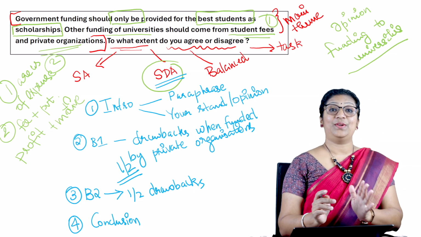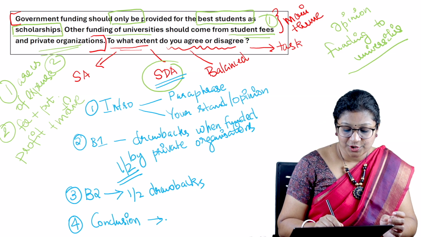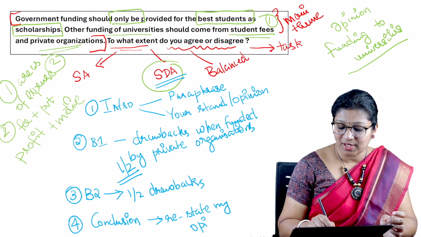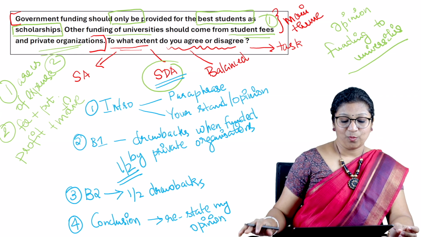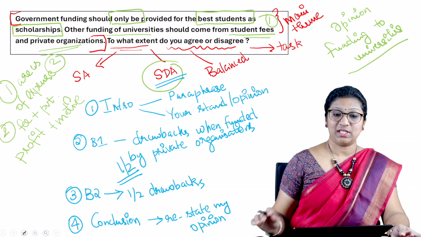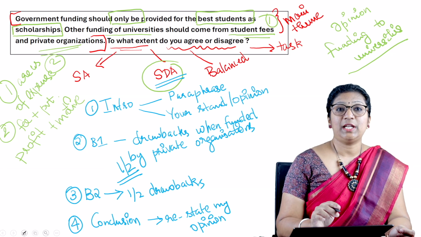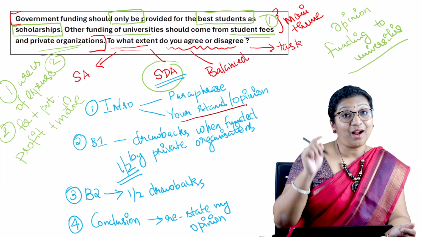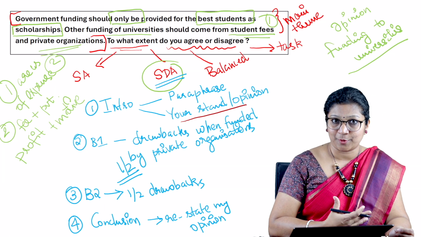Now when I conclude the essay, I will also ensure to restate my opinion. Now why should I restate my opinion? Well, again, based on our assessment criteria, it clearly mentions that your opinion should be clear throughout the response. So in the introduction, start of the essay, I have already given my clear opinion.